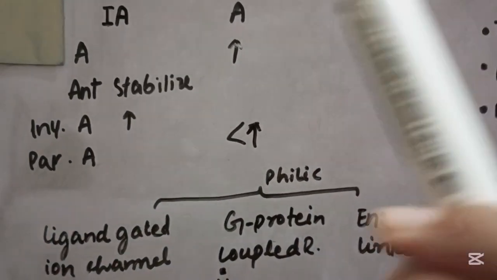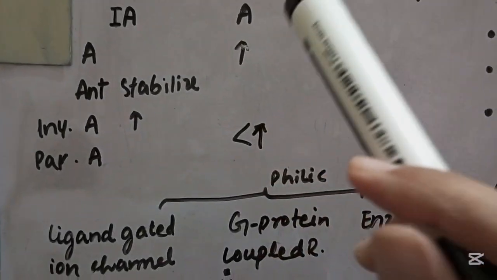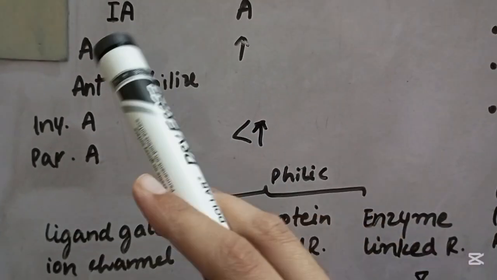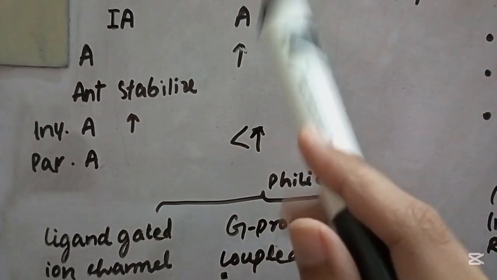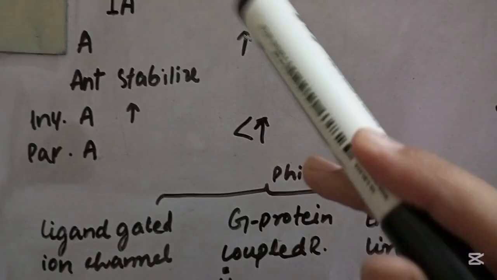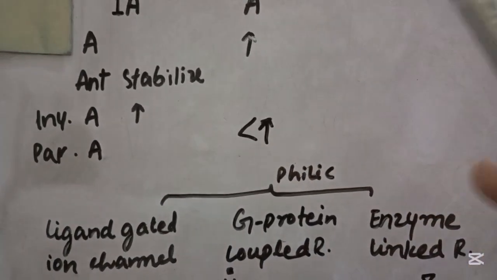So when the agonist binds with the receptors, the number of receptors in the active state increases. Like I have told earlier in the example 80-20, the receptors in the active state increase, like they may become 80 and 20. So agonist increases the concentration of the receptors in the active state.